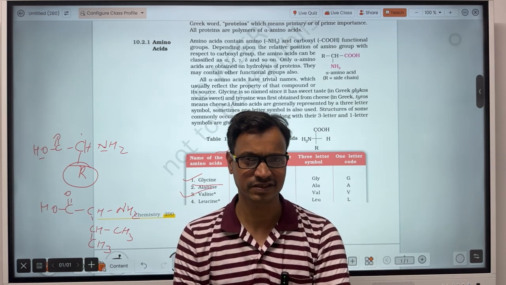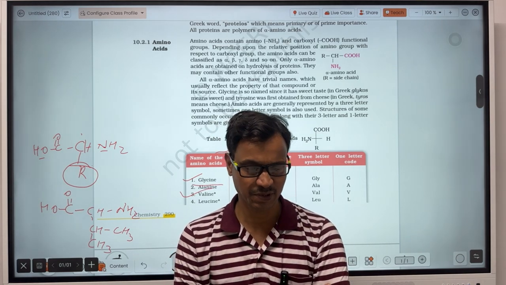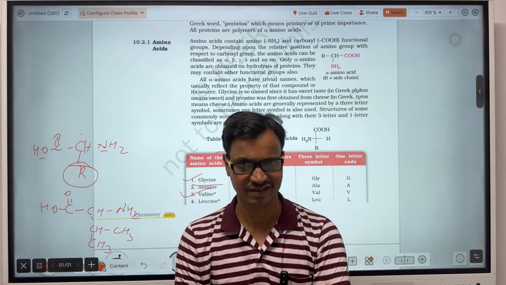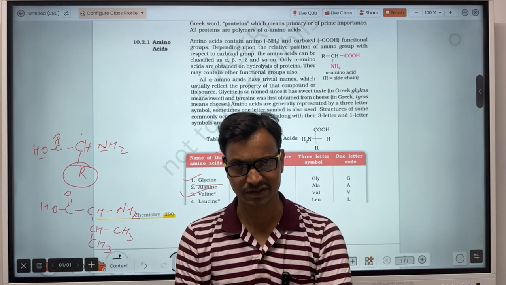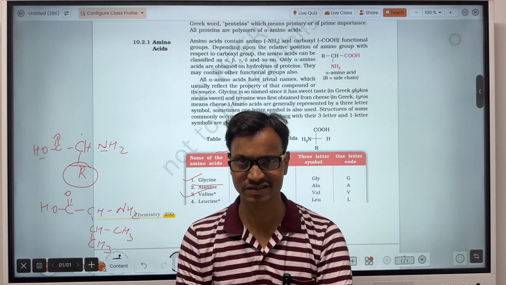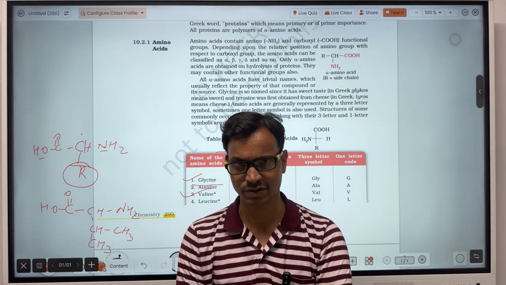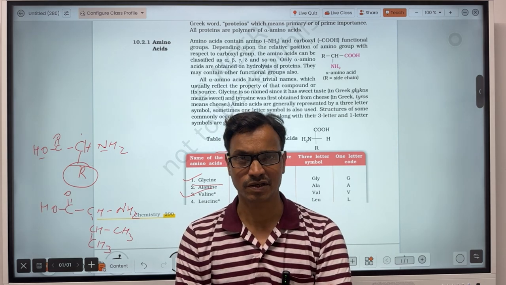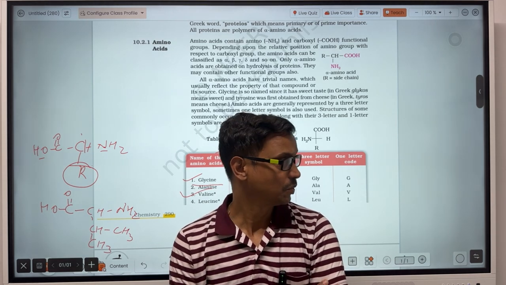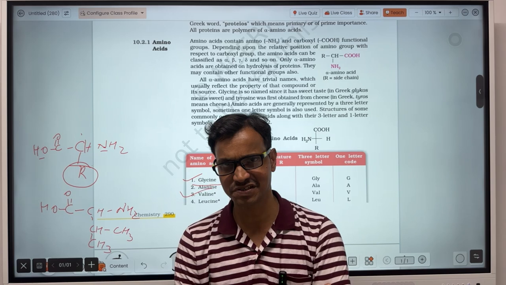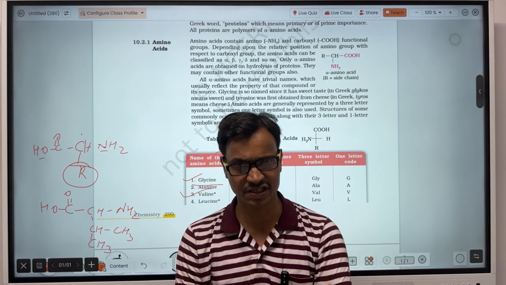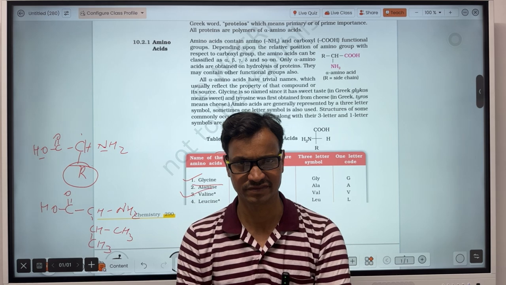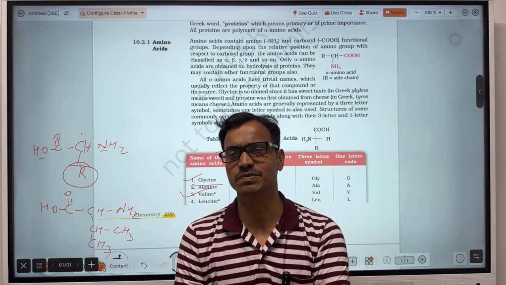Since our body does not synthesize them, we must consume sources in which those amino acids occur. That is called essential amino acids. And non-essential amino acids, what are those?